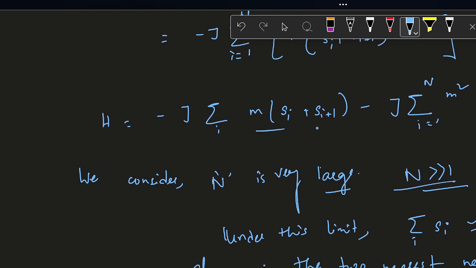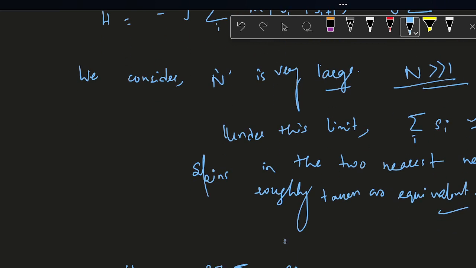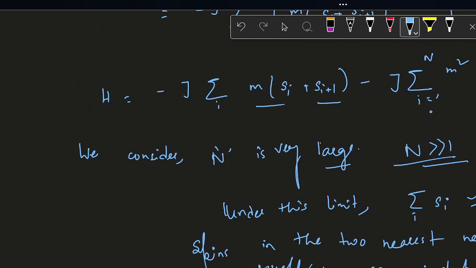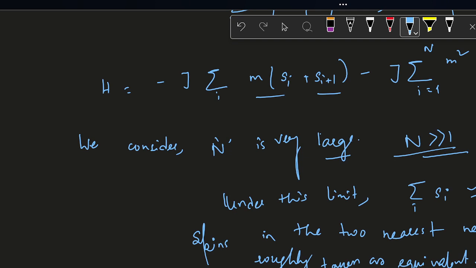So basically this term is equivalent to this term. So we combine it together, so this becomes a factor of 2, minus 2J, and then sum over i of m times Si, under this approximation we have used. And the second term was minus J sum over i of m squared, right? But because m is an average value, it does not depend on the summation over n values. So we can just take the summation up to n terms, so it makes it n times m squared, because there is an n-times summation of m squared value.